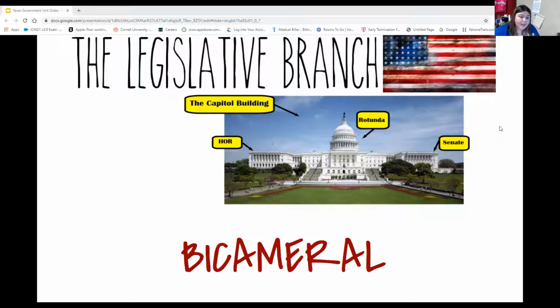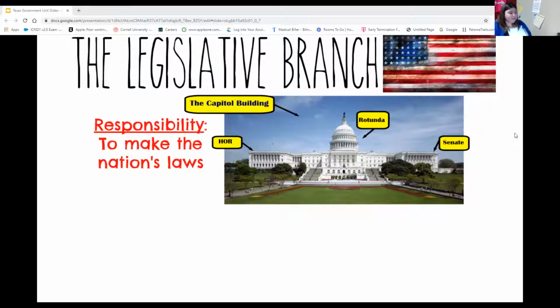And understand that it is split up between two houses, the Senate and the House of Representatives, and that makes up the Congress. So let's dig a little deeper. Their responsibilities. Please write that in the responsibility side. The responsibility side of this is going to be to make the nation's laws. That's their job, to make the nation's laws. Now remember, the nation is going to be the United States.